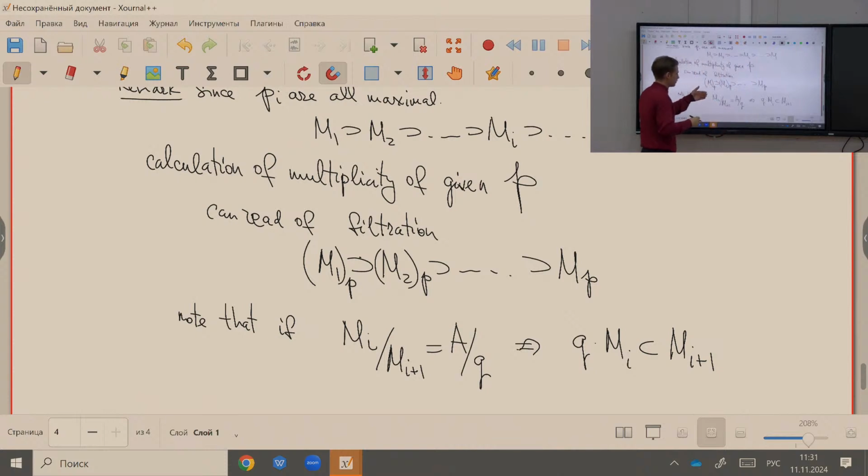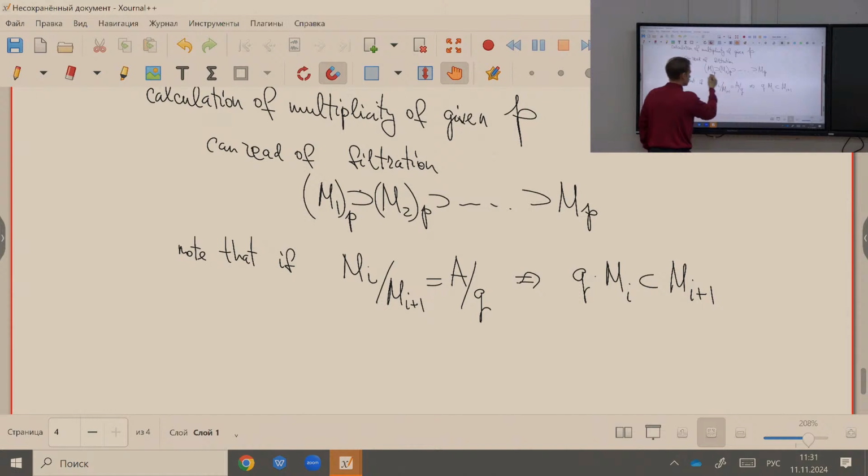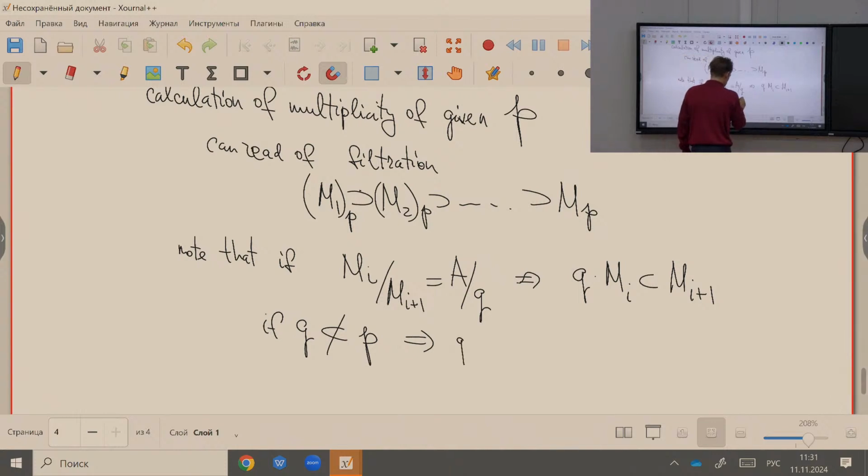But after you localize, if q is not inside P, that means that there exists an element q that lies in A without P, in the multiplicative set.